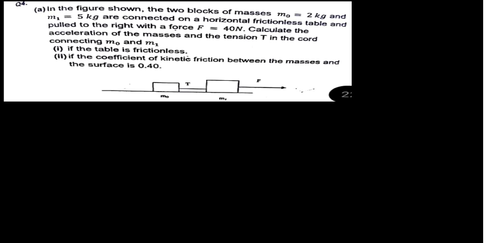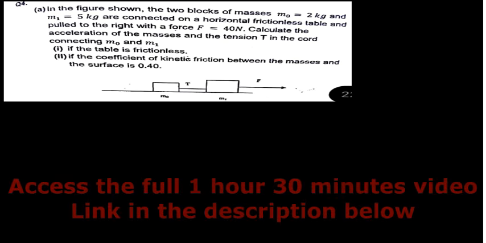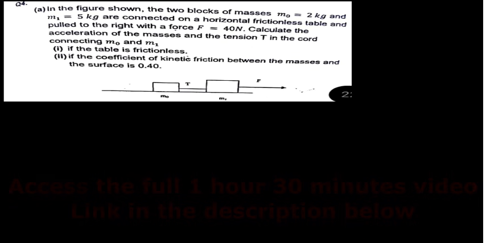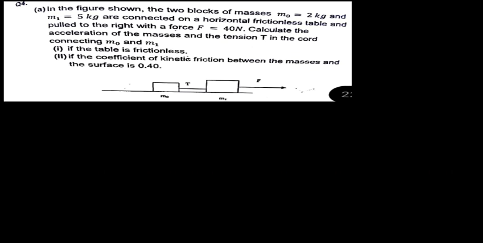The next question says, in the figure shown below, the two blocks of mass m0, which is 2 kgs, and m1, which is 5 kgs, are connected on a horizontal frictionless table and pulled to the right with a force of 40 newtons. Calculate the acceleration of the masses and the tension T in the cord connecting M0 and M1 if the table is frictionless.